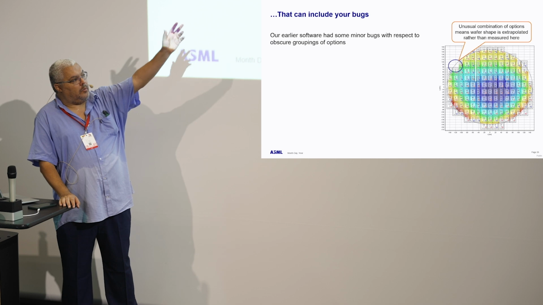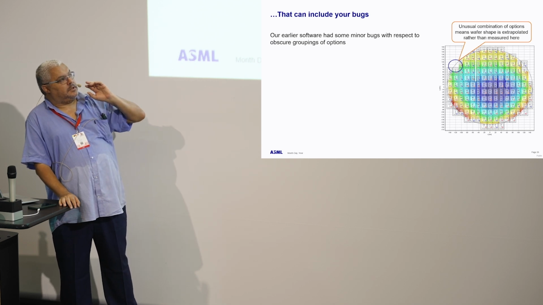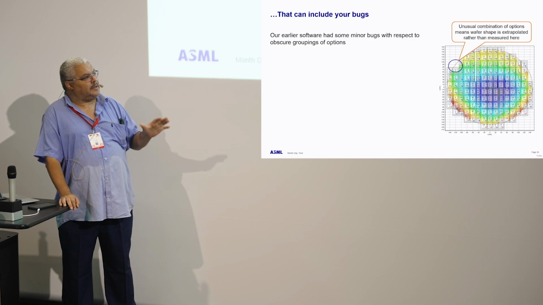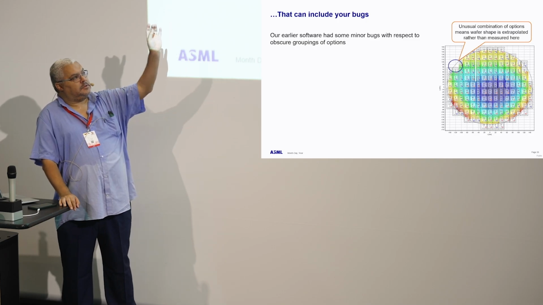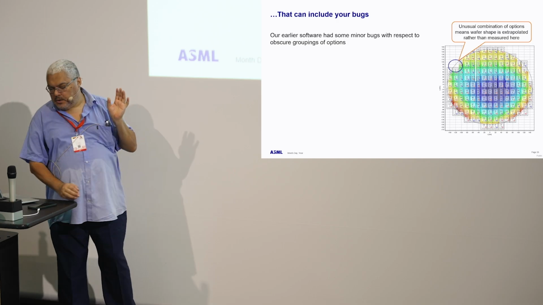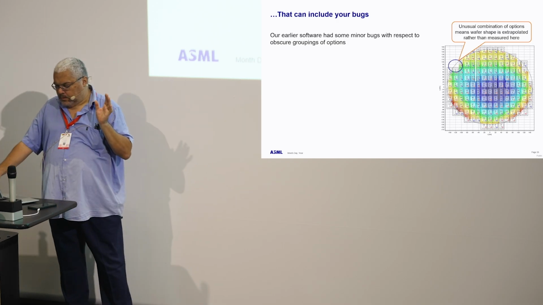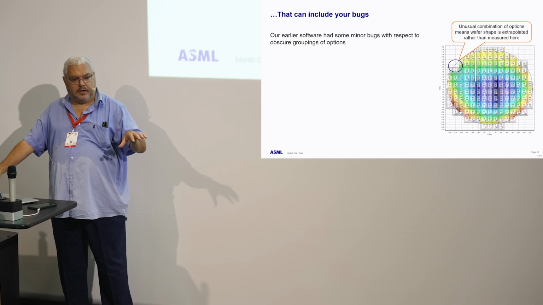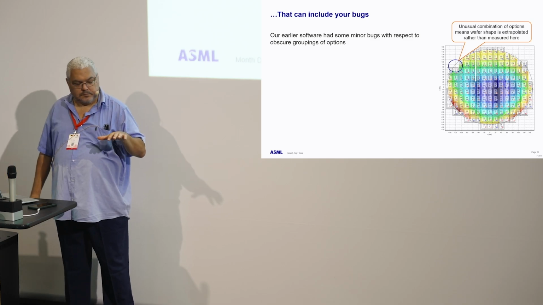Looking at one of our wafer maps, there was a particular combination of options. We didn't think it was that important, but it meant that some of the areas around the edge of the wafer would be exposed using extrapolated data rather than measured data.